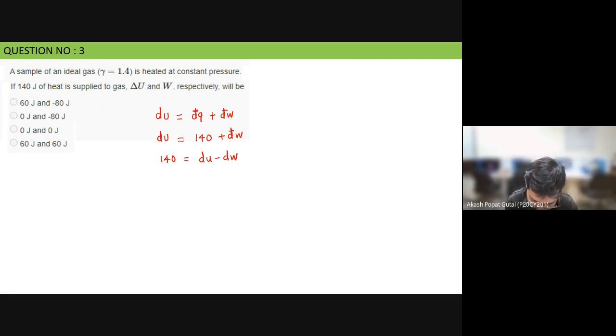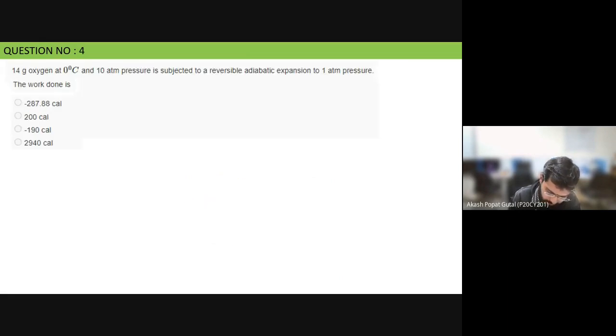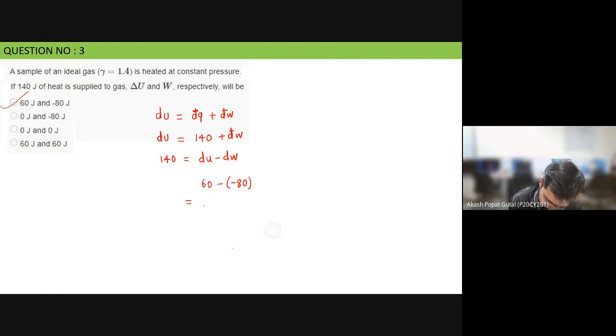Whichever combination gives you 140 is the answer. The answer should be A. If you put 60 minus minus 80, that will give you 140. Fine.